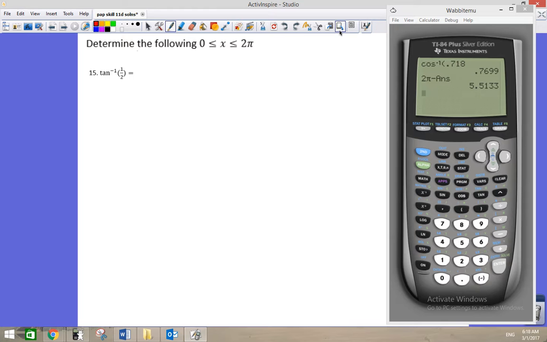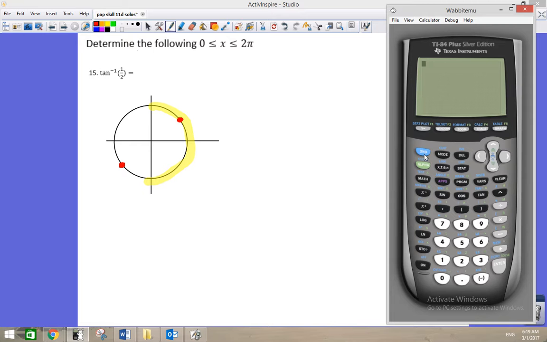For tangent, for the inverse tangent, the calculator is going to look in this right half of the unit circle. Since this is positive, I know tangent is positive in quadrants 1 and 3. So when it returns this first value, that is an angle in radians.